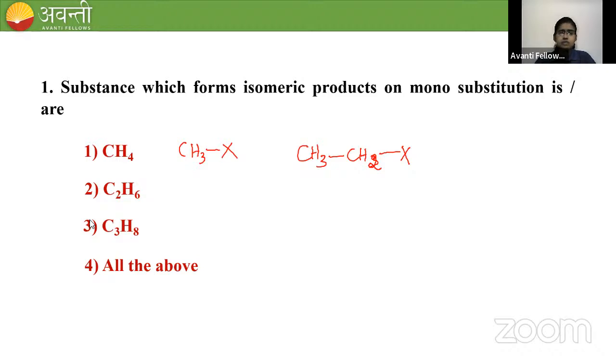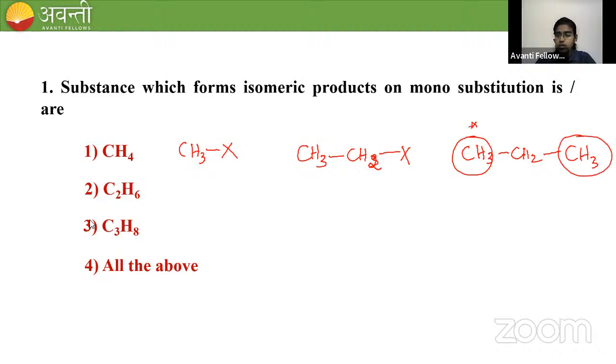Got it? Then coming to option 3, we have C3H8. What is C3H8? It is CH3CH2CH3, propane, right? In propane, you can see there are two different types of hydrogens present. One type is the terminal hydrogens.